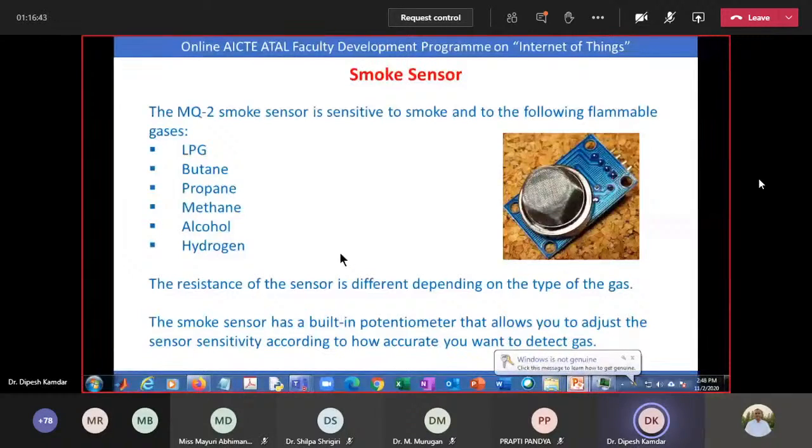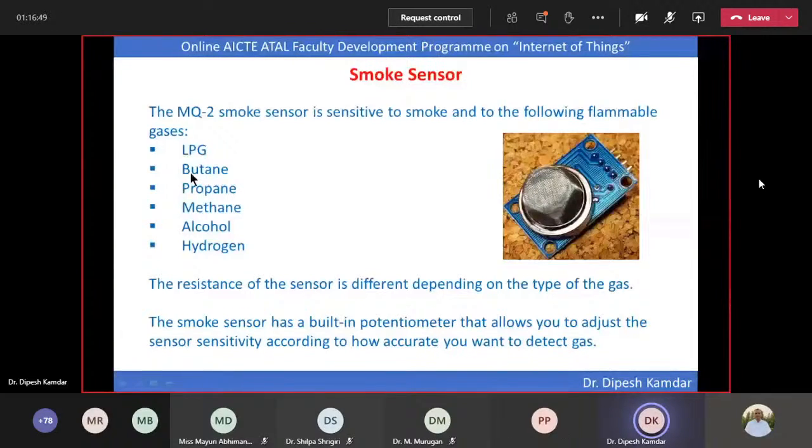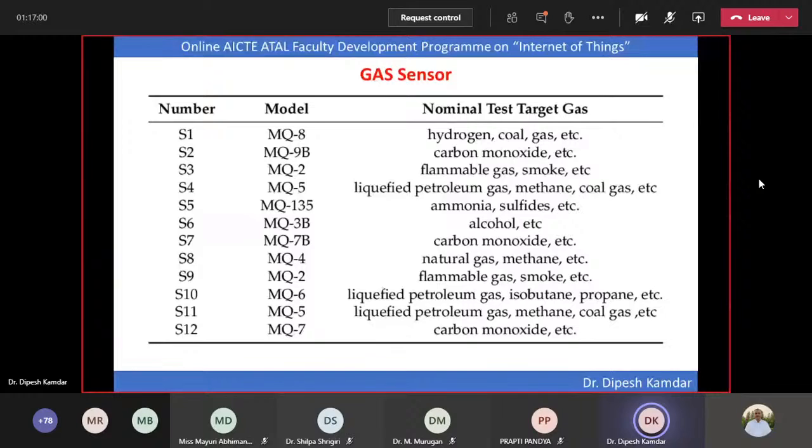If you just want to detect this gas, or you want to find out which gas is there, you can find out. But MQ2 is not the only smoke sensor. We have a list of gas sensors available, which are used for specific kinds of gas.